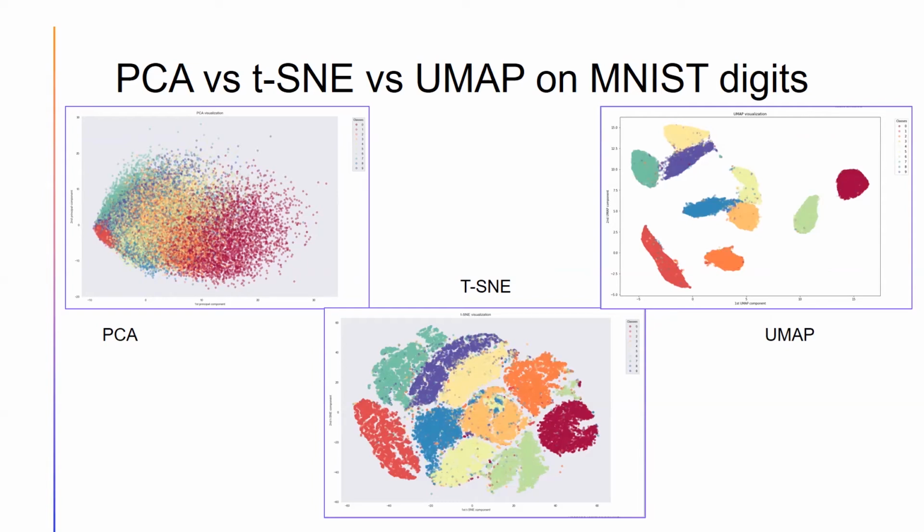And then you go on to UMAP, and not only can we see that they are separate digits, we can more or less see that, for example, the number 0 or the number 1 looks vastly different than some other numbers that might be closer to each other. So a 5 and a 7 might be quite similar in a UMAP sense, but they're still distinct clusters, just further apart.